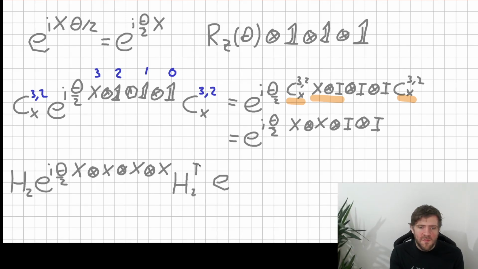And it should be the Hermitian conjugate, so let's just add that in, even though it's the same thing. Then that Hadamard conjugates this X, turning it into a Z. So we have e to the i theta over 2 X tensor Z tensor X tensor X.